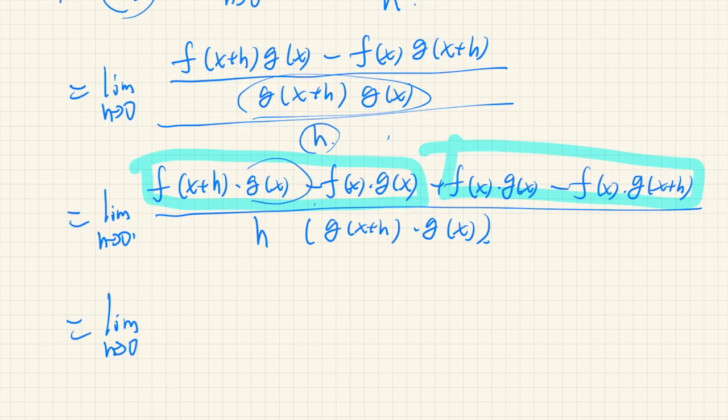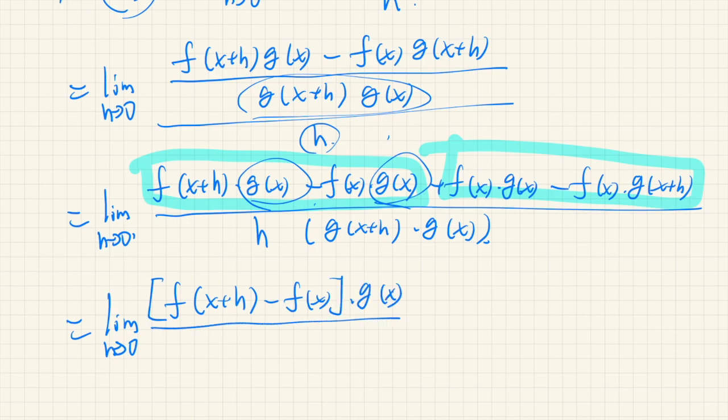So factorize by g of x, times g of x. Let's divide it by h here. And let's put this out, g of x.